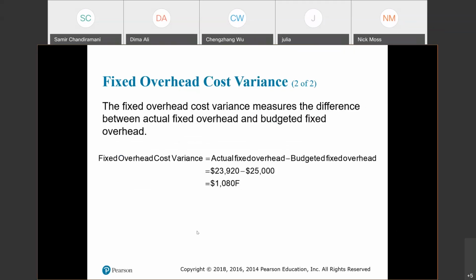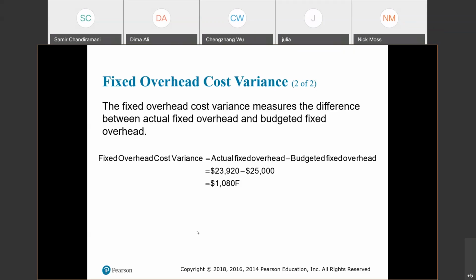So first of all, similarly, we do the cost variance. But the analysis of cost variance for fixed overhead is different. We do not use actual cost minus standard cost times actual quantity. No. Instead, we just use actual fixed overhead minus budgeted overhead.